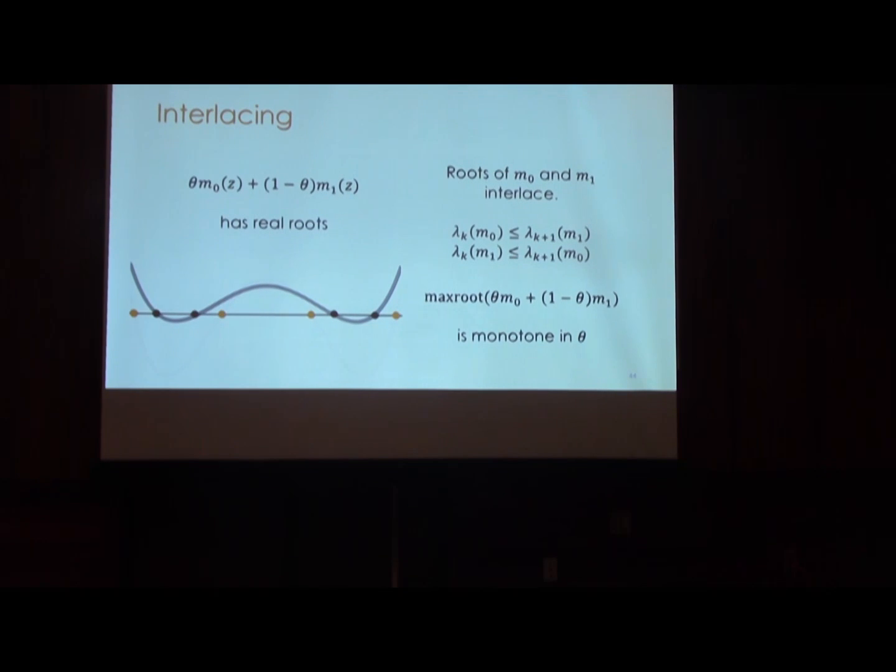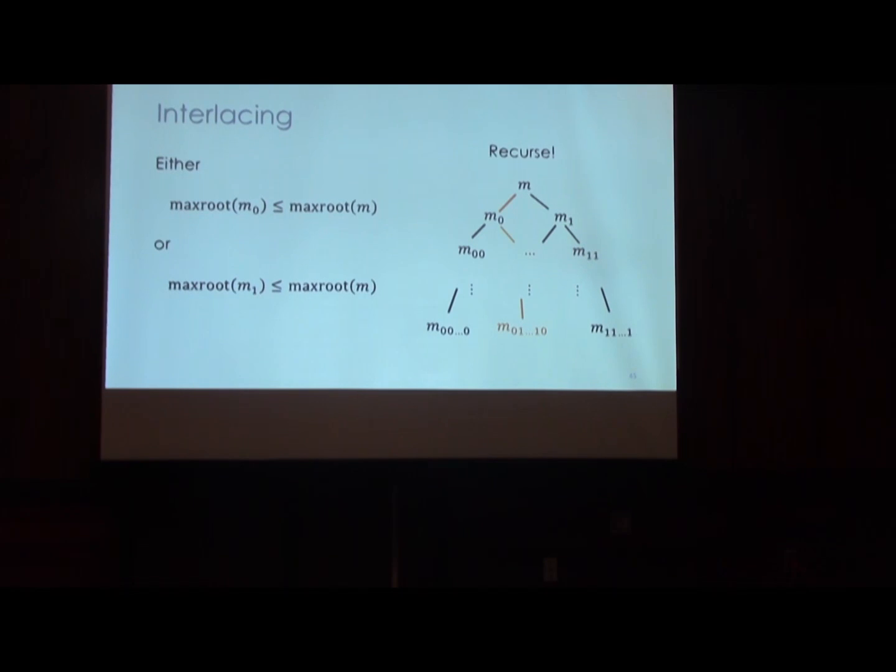So this is how interlacing and real rootedness helps me. It basically proves that either m0 has max root bounded by m, or m1 has max root bounded by m. And now I can form this recursion tree and do what I was just doing recursively.